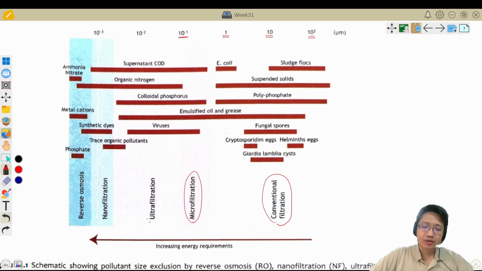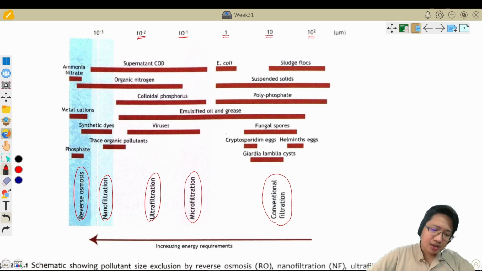And when you go down to ultrafiltration, your pore size gets down to 0.01 micrometer. And you can also go to even smaller pore sizes, including nanofiltration and reverse osmosis. So that basically belongs to 0.001 micrometer.